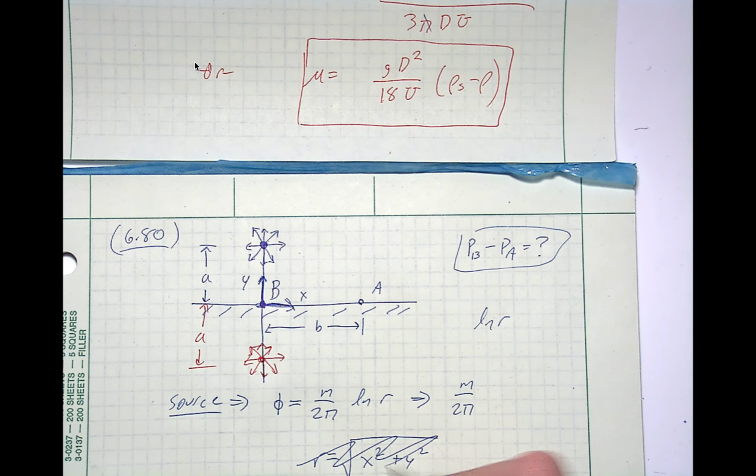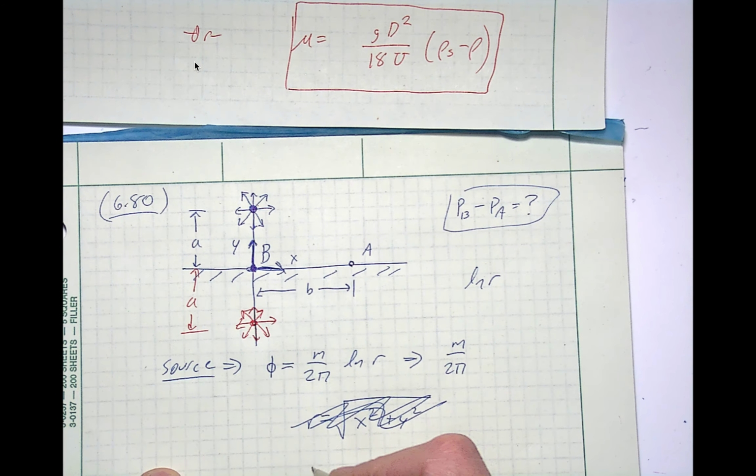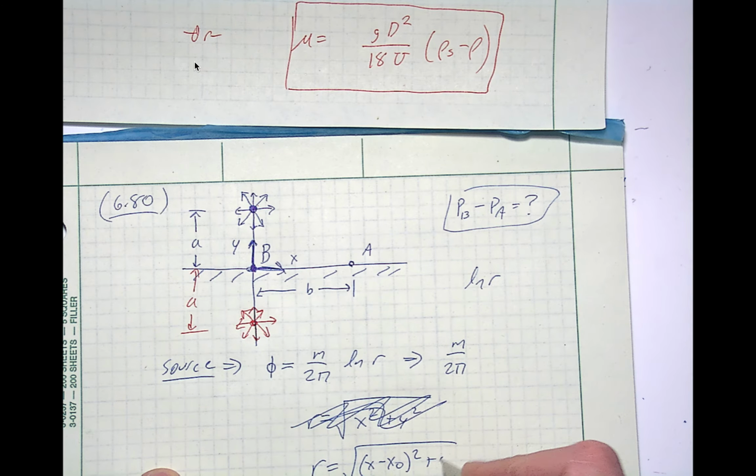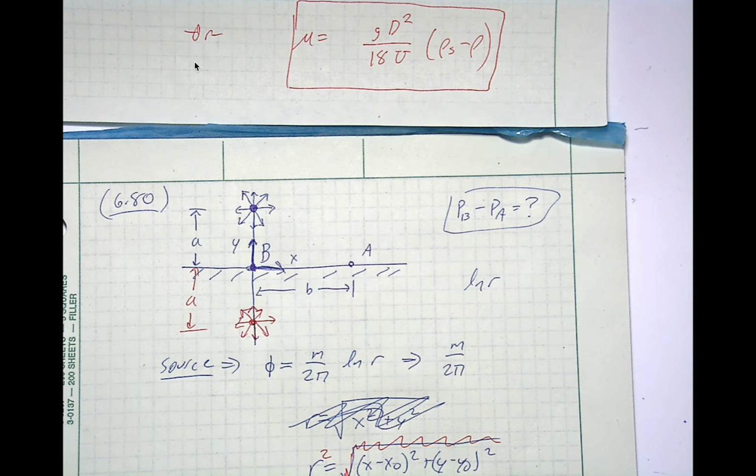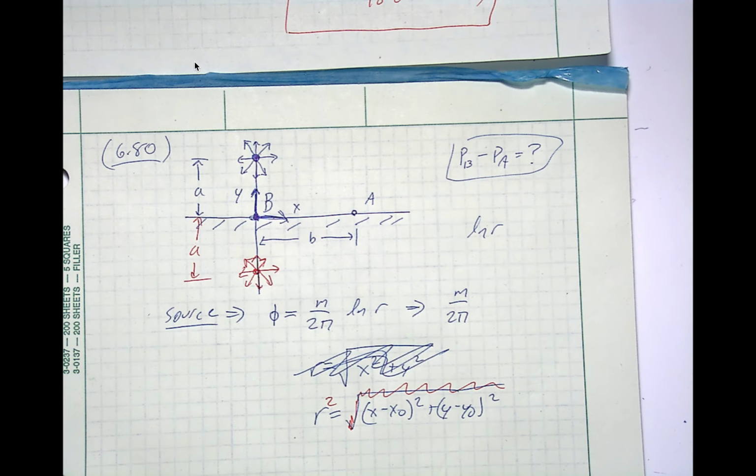Well, let me write it more generally. r is the square root of (x minus x naught) squared plus (y minus y naught) squared if you're looking to shift it, right? Well, we're only going to be shifting in y. But this is hard. That square root makes it really difficult. So it's easier to get rid of the square root and write this in terms of r squared, with shifts in x and y, and then after the shift, you square the x and the y components.